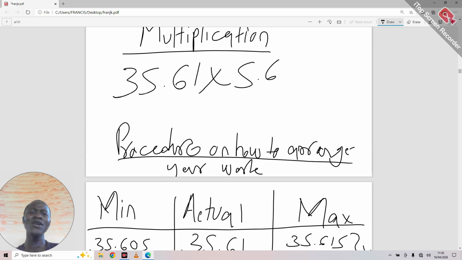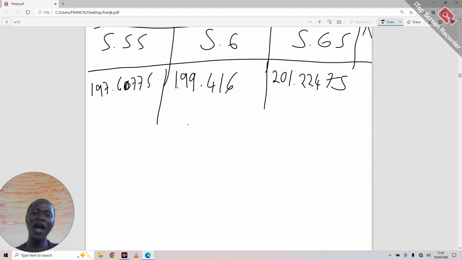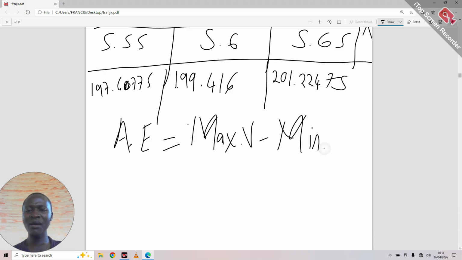Remember, I told you, if you look at this thing, this is a combined number. And I gave you the formula for getting absolute error when it comes to a combined number. So absolute error, when it comes to a combined number, we add our maximum value minus minimum value divided by 2.